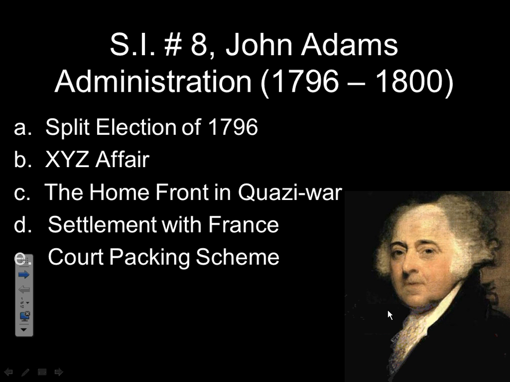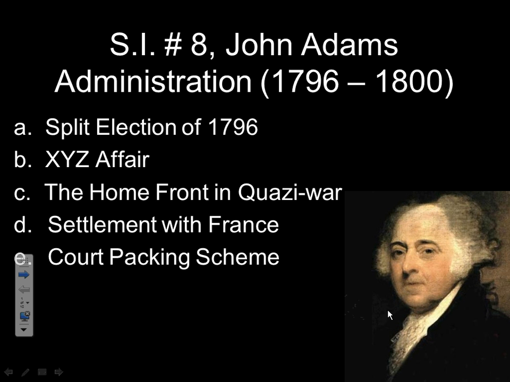Okay, we have a webcast for Unit 2, SI number 8. With George Washington stepping down after his second term, creating an impressive precedent for all other presidents to follow in his footsteps, we have a new election.